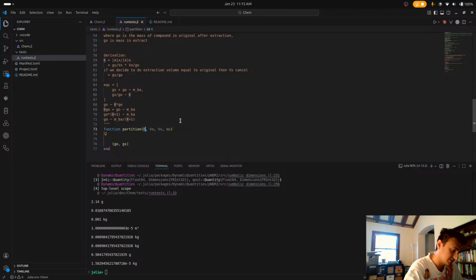So we need to substitute that in. So we get k go vx over vo plus go is equal to m. Oh, it's going to be go times (k vx over vo plus 1) is equal to m. So go is equal to m over (k vx over vo plus 1).